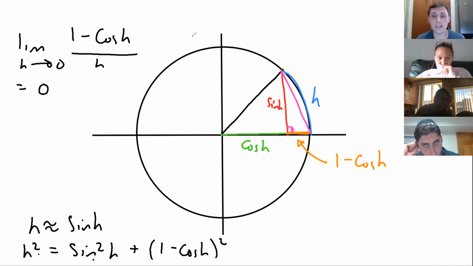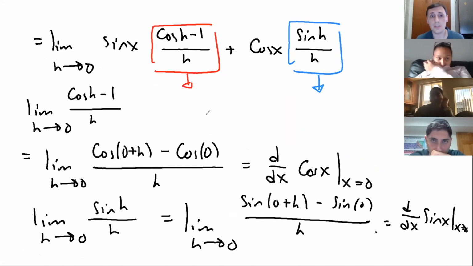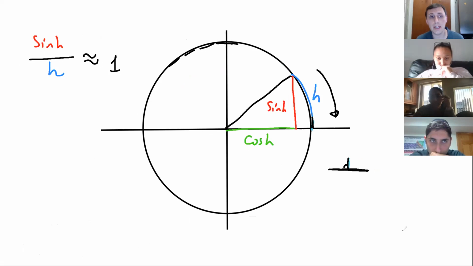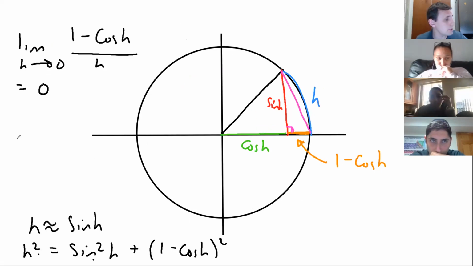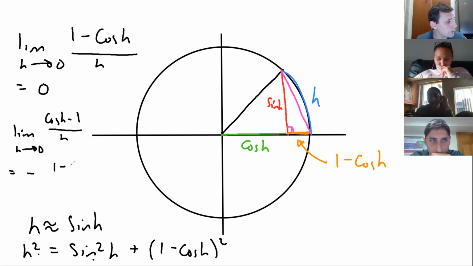So this is then what we obtain. Let's go back to the situation, guys. Cosine h minus 1 is simply the negative of that value, right? So that means that the limit as h goes to 0 of cosine h minus 1 over h, which is just minus 1 minus cosine h over h, will have to go to 0 as well.